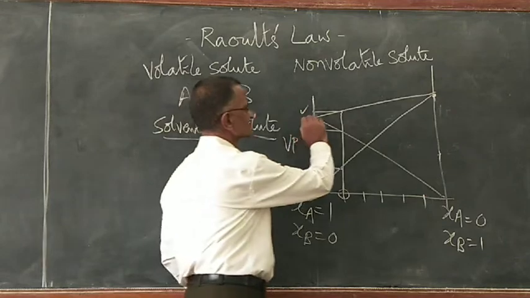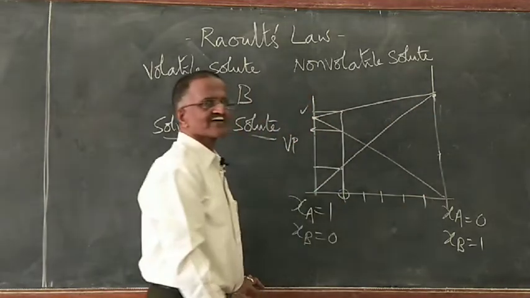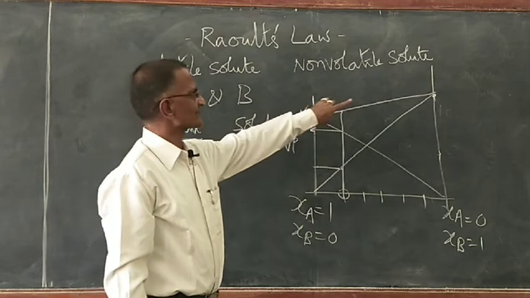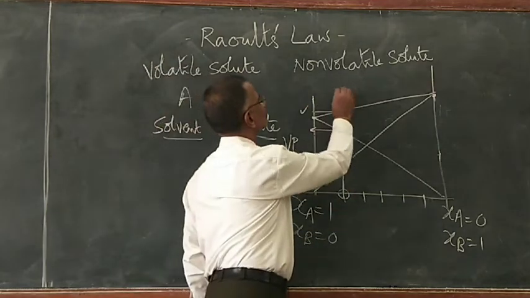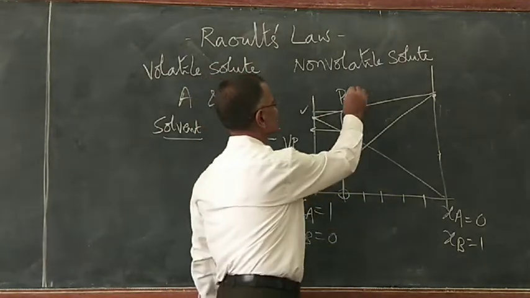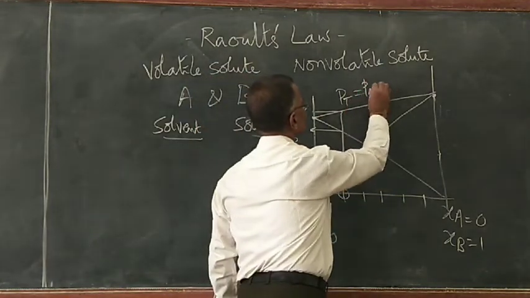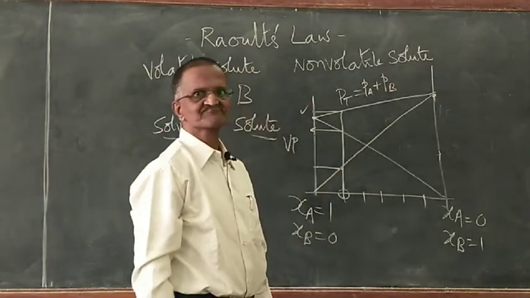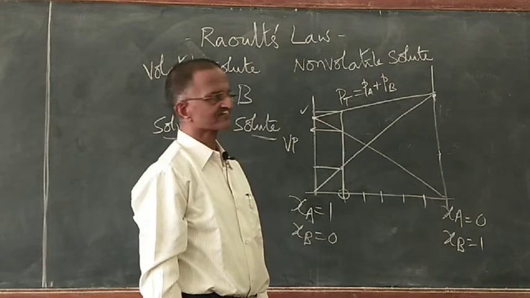Then here, the line joining when only A is present and when only B is present is P total. This line shows P total, that is equal to PA plus PB. That line shows it. Clear?